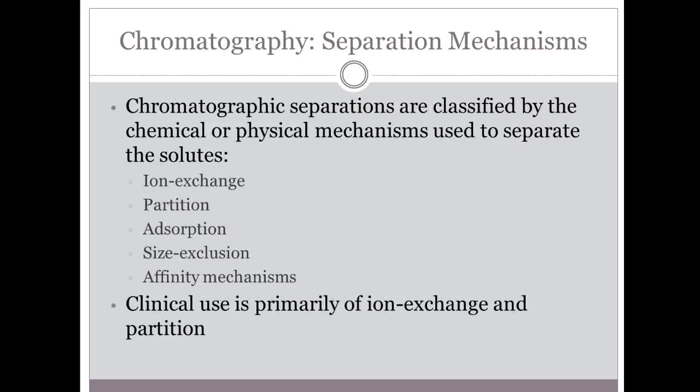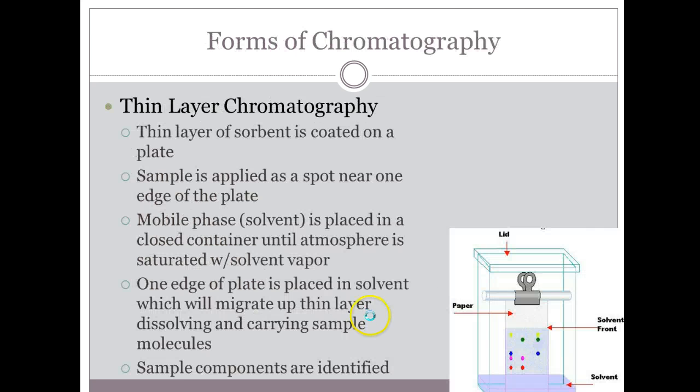The chromatographic separations are classified by the chemical or physical mechanisms used to separate it. It could be ion exchange, partition, absorption, size exclusion, or affinity mechanisms. It's usually ion exchange and partition that's used.